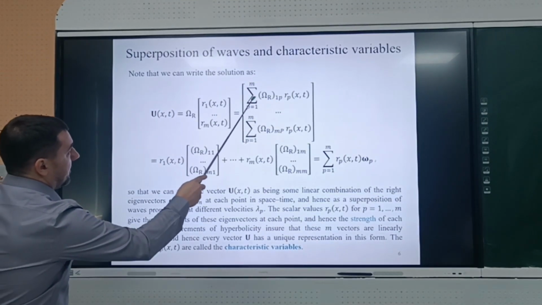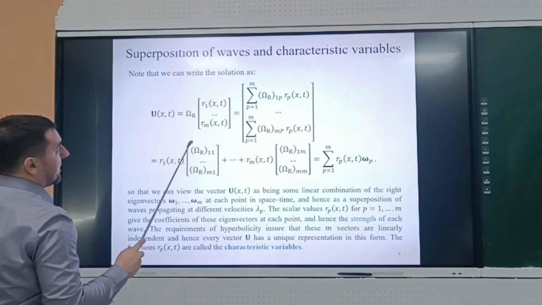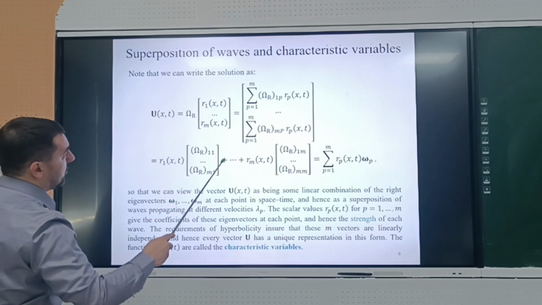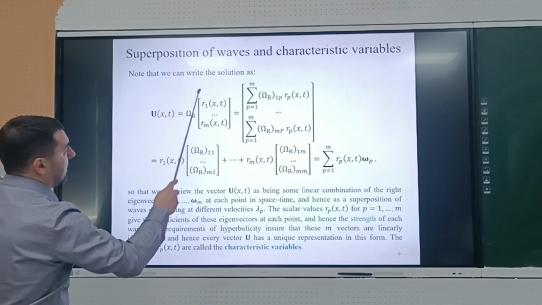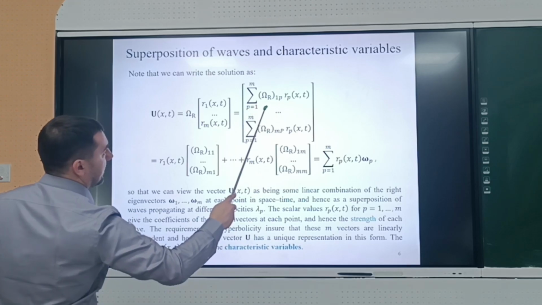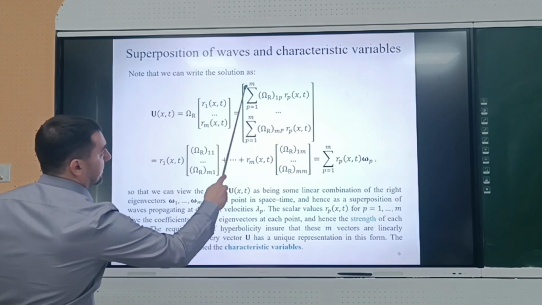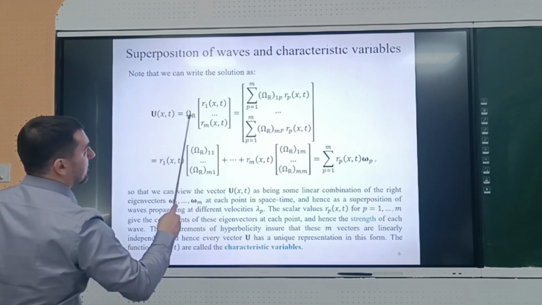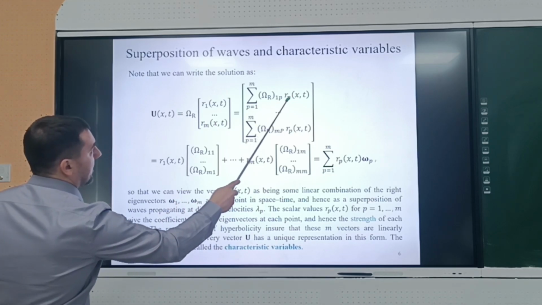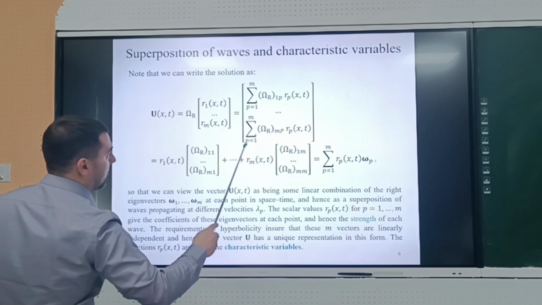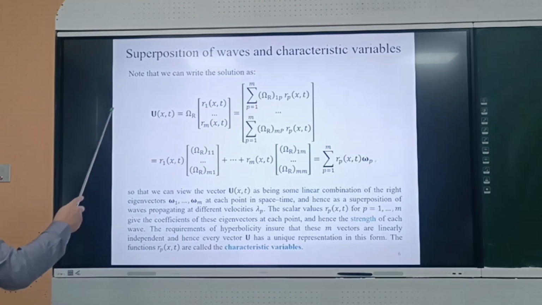For example, the first component is the product of the first row of matrix Ω_R with this column. So I'm writing the scalar product, or summation, of Ω_R(1p), the first row of this matrix, with the p-th component R_p, and so on, up to the m-th component of our solution.